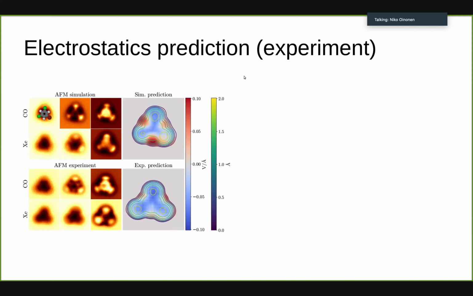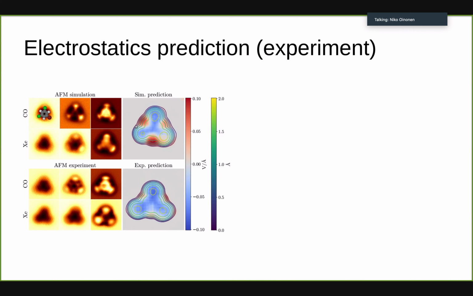We have a couple of example experiments that we have performed where we have obtained both the CO and the xenon tip measurement. The first one is the bromodichlorobenzene molecule, which is shown in this part.